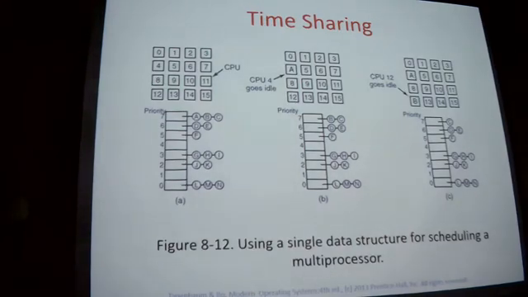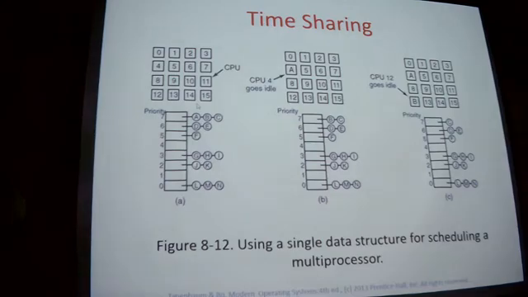We select a process from the highest priority, maybe A, maybe B, maybe C. Processes in the same priority are ordered first come, first served.